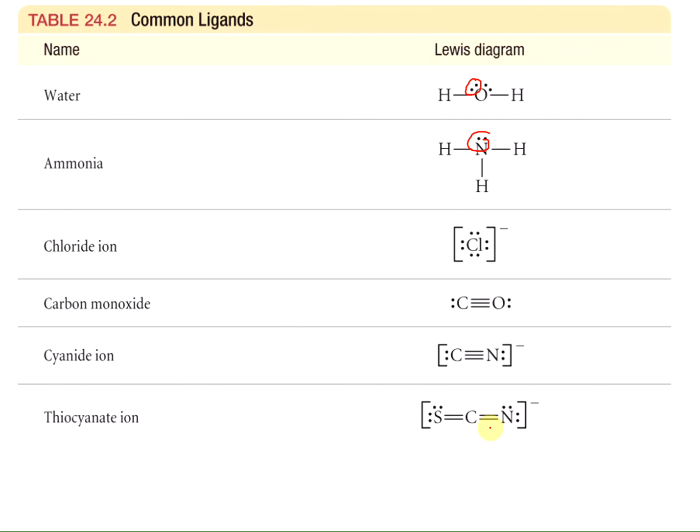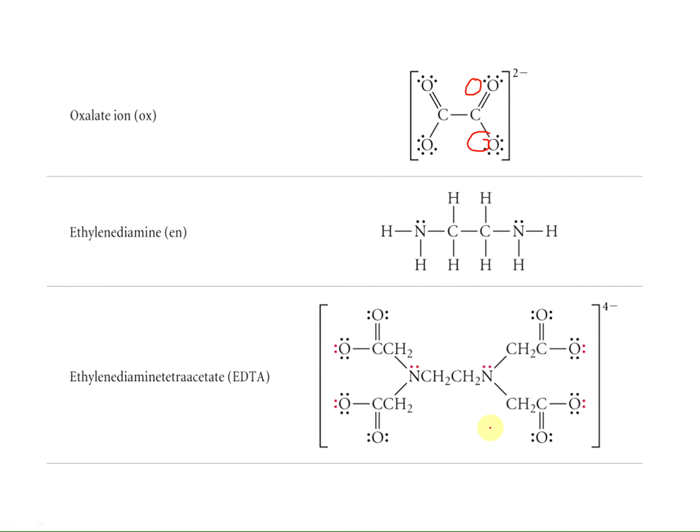And here are some other ligands. We have the oxalate ion. So this can actually be a bidentate ligand and bind to a metal. Ethylene diamine has 2 lone pairs, so this can also be a bidentate ligand and bind to a metal.